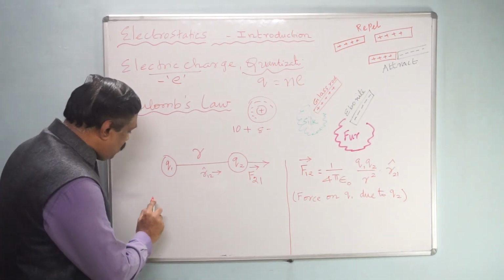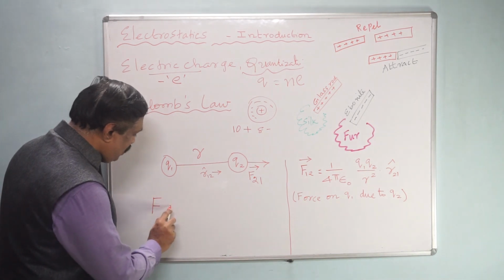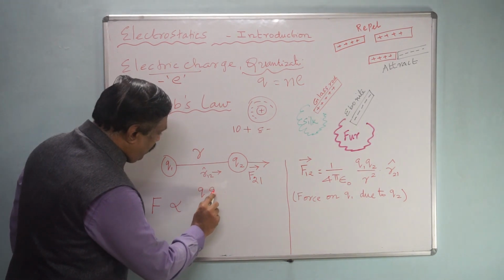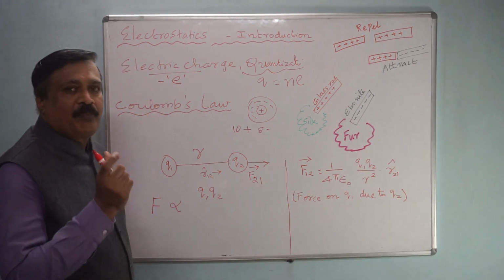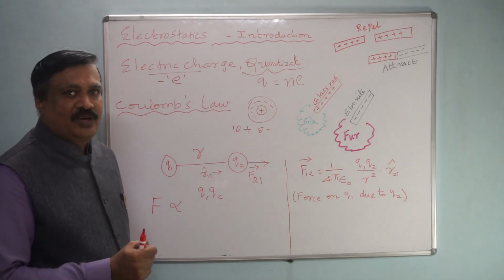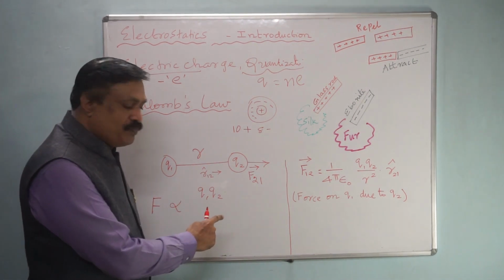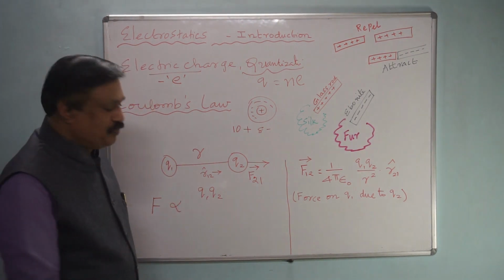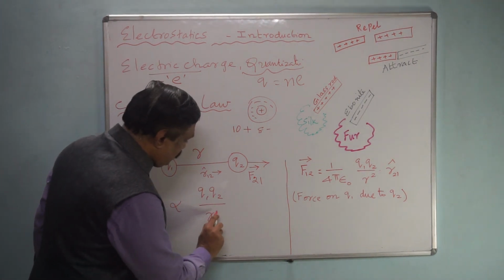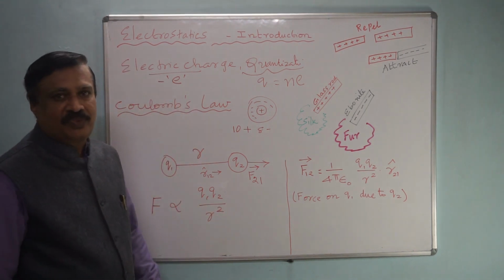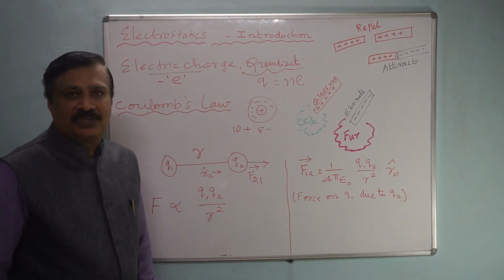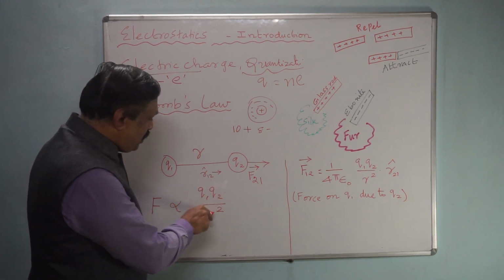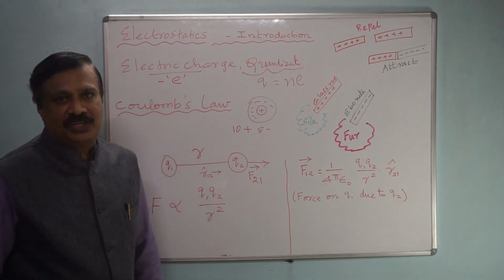Then the force of interaction F is proportional to the product of the charges Q1 and Q2, and inversely proportional to the square of the distance.